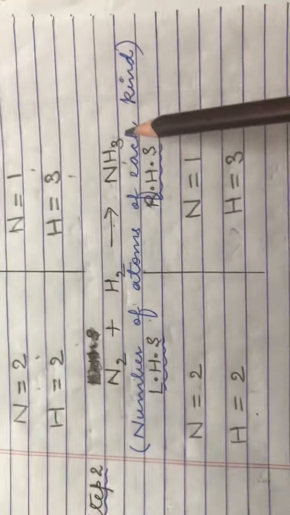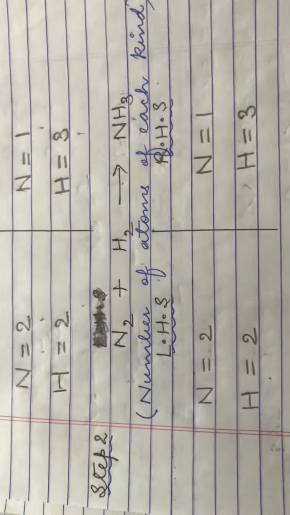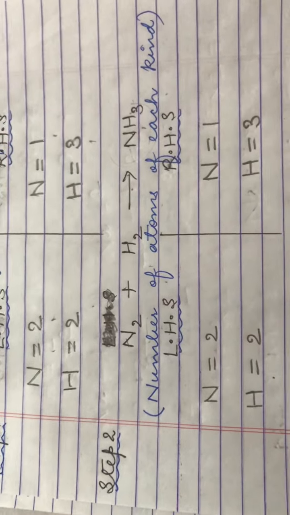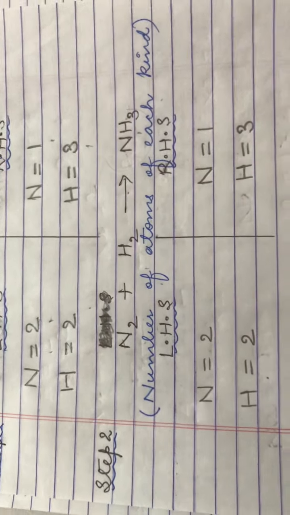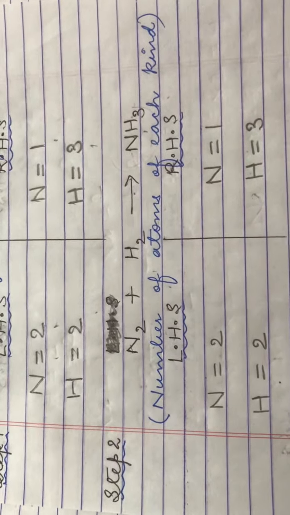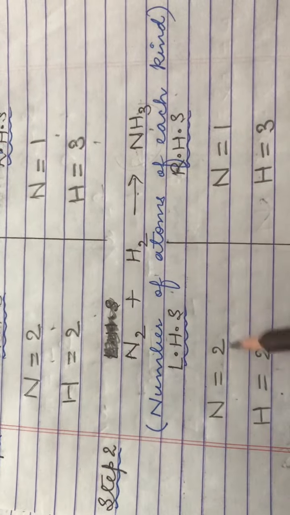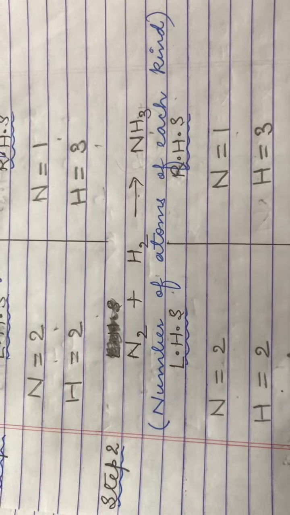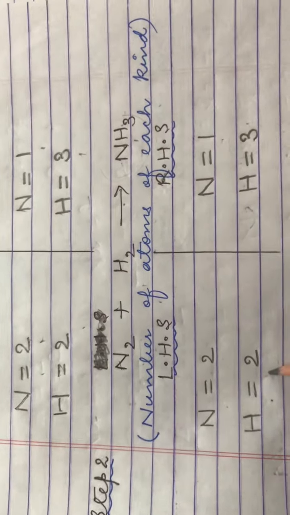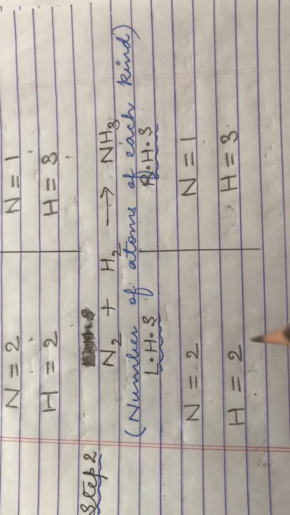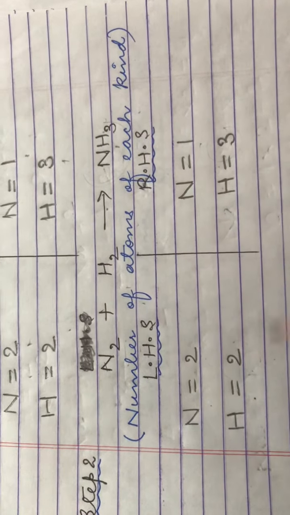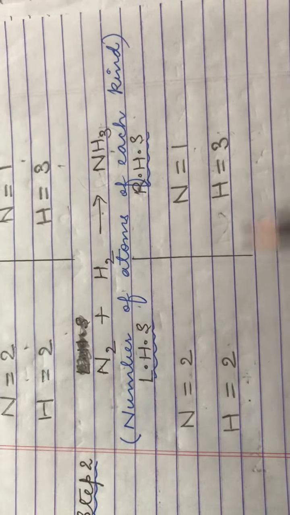We start balancing from the right hand side. Now which atom to balance first, since both nitrogen and hydrogen are not equal? Nitrogen has to be made 2 and hydrogen is 3 on this side and 2 on this side. That means we need to increase this number in such a way that hydrogen becomes equal.